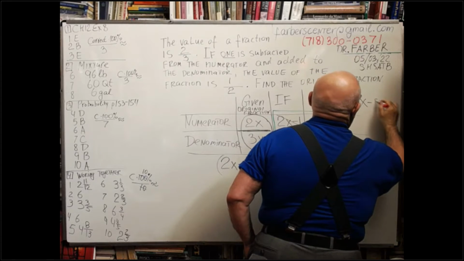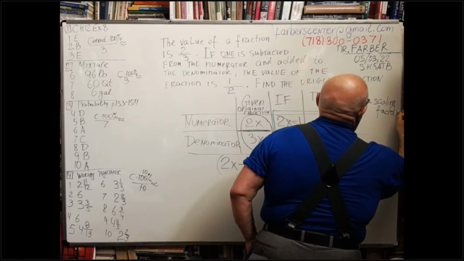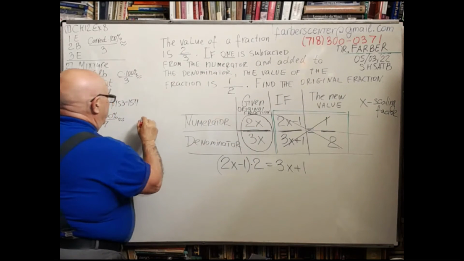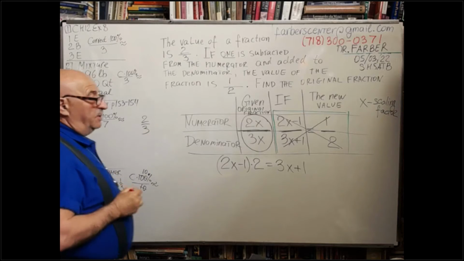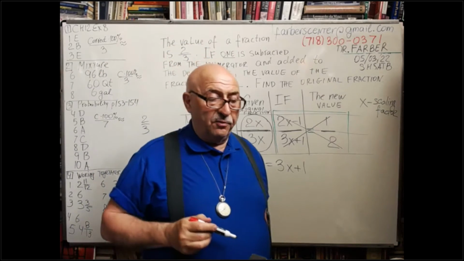I'll explain again why. Look at this, the fraction is 2 to 3. How many ratios can we have with 2 to 3? The set is infinite.